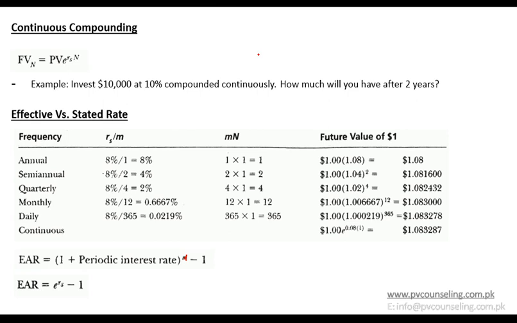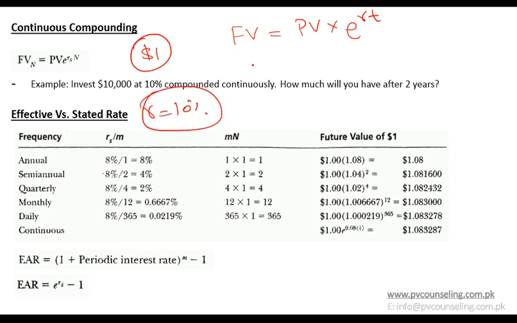How do you get EAR for continuous compounding? Same methodology will be used. So what is your FV? FV is PV into e to the power rt. So if I tell you that you are investing $1 as of today, and I tell you that the stated rate is 10%, so you are making an investment, and you have to find out the return in 1 year.